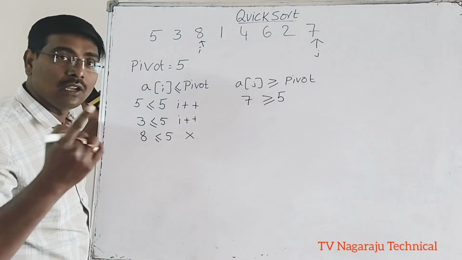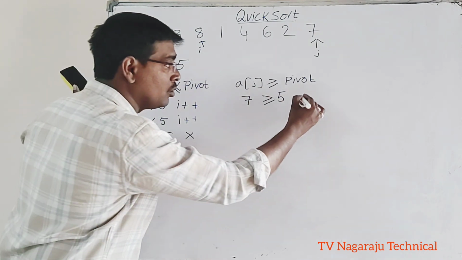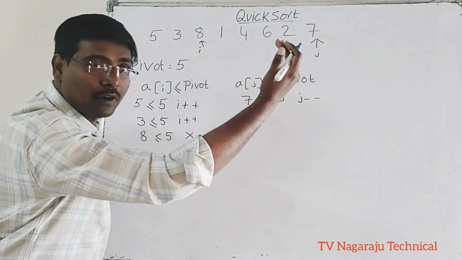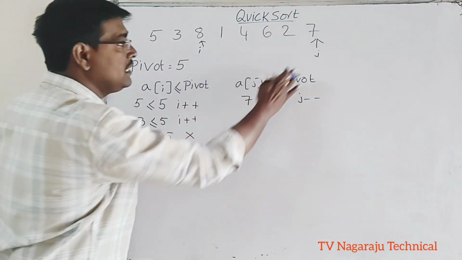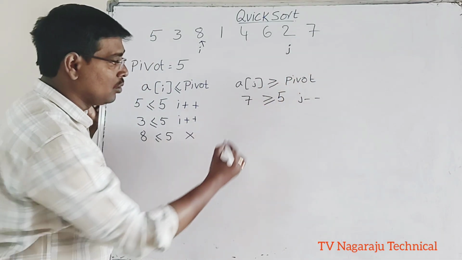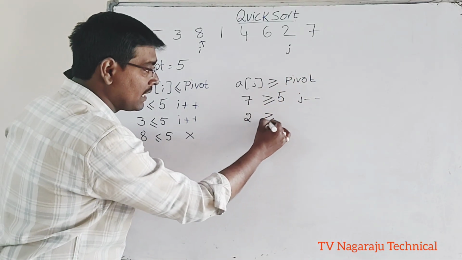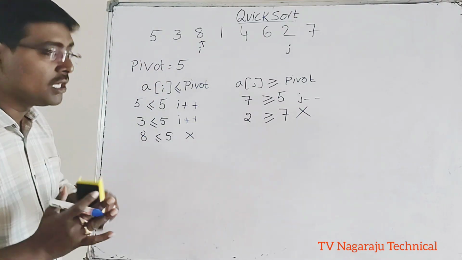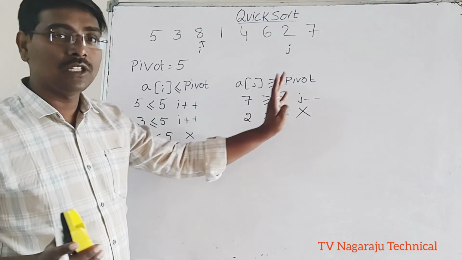Condition true. j is decremented, that is, we are moving from high to low. Now j points to this node. 2 is greater than or equal to 5? The condition is false. Whenever the condition is false, we stop.